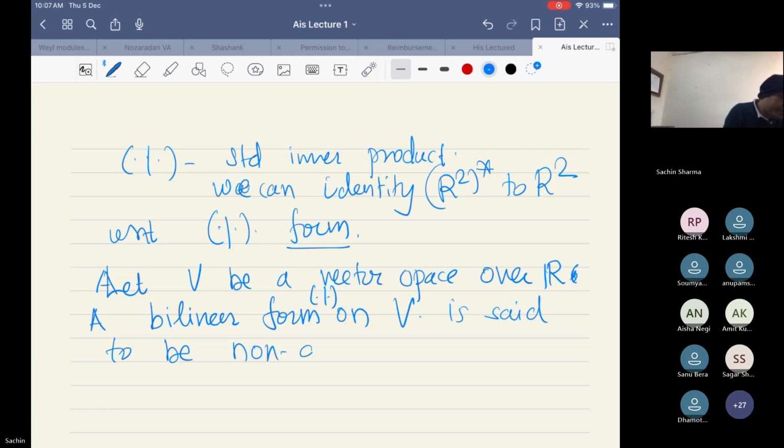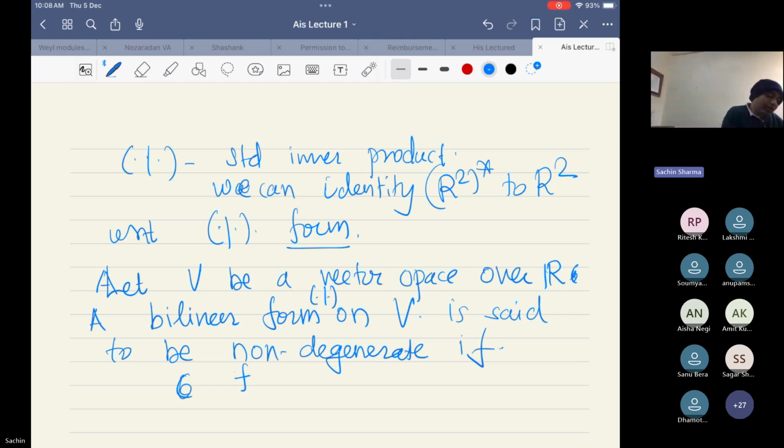So for a vector space V over R, a bilinear form on V is said to be non-degenerate if the zero vector is the only vector orthogonal to all vectors.